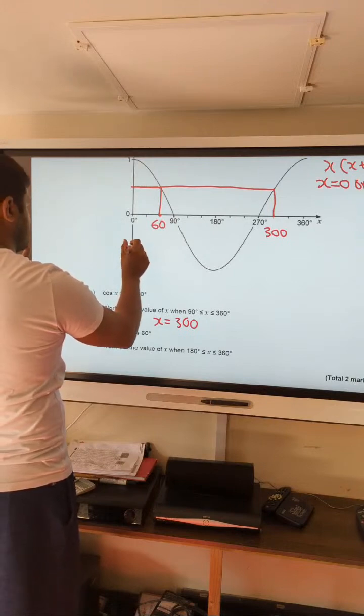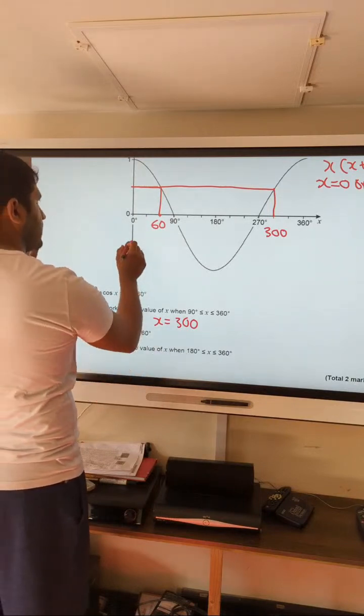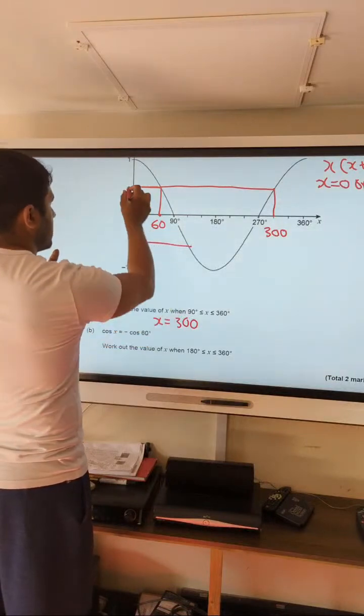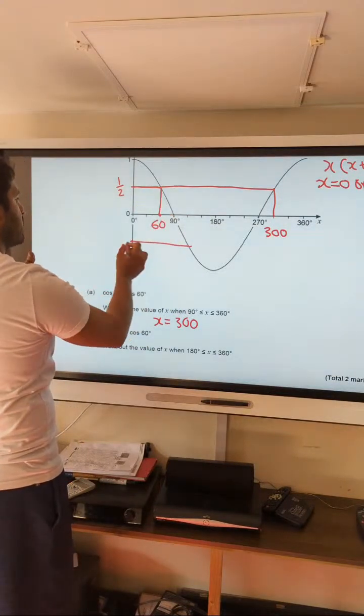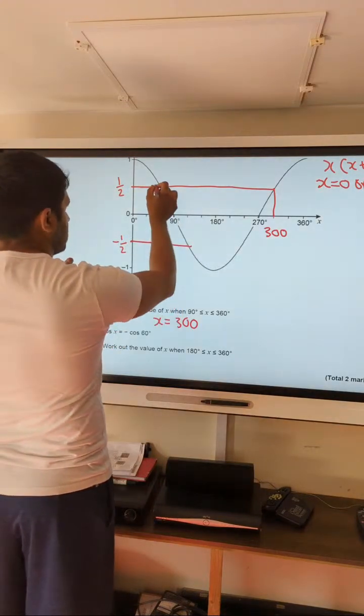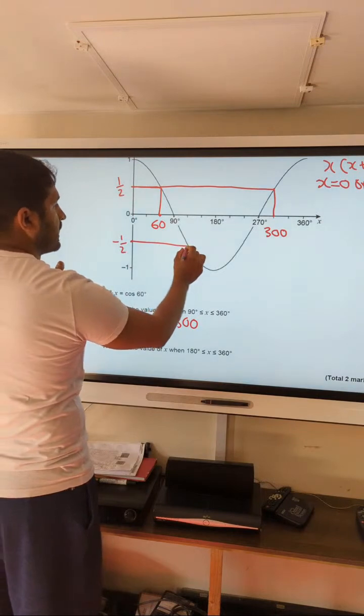So that's half, and we want the value between 180 and 360. Cos 60 is half there, so negative cos 60 would be negative half. So 60 will give you that, and then you make it negative.